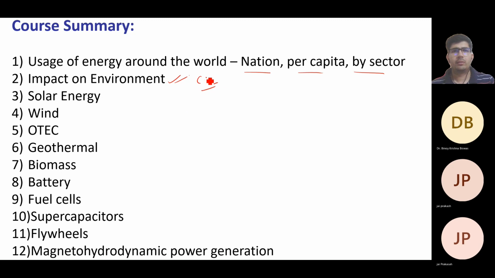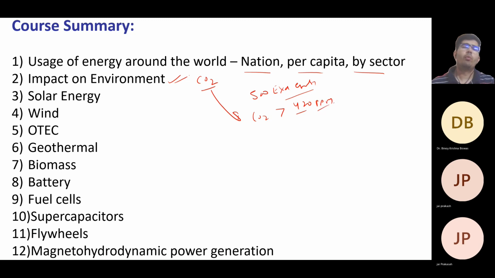Approximately 500 exajoules of energy was needed per year. And I think the CO2 emission is more than 420 ppm, which is very large as compared to the last 200-300 years.